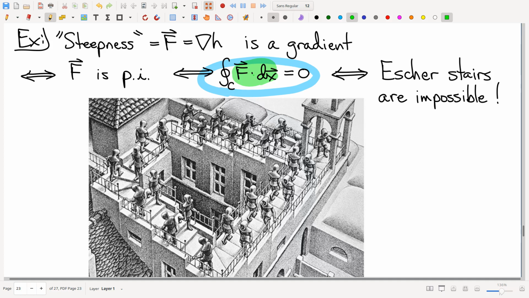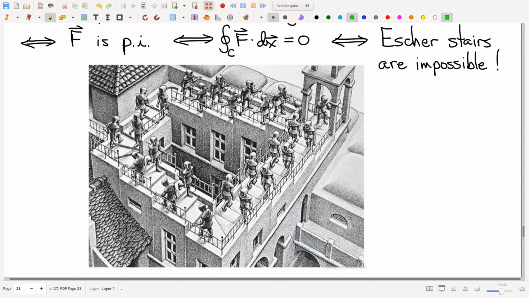So what does this do? How does this serve us? Well, a nice example is what I like to call Escher stairs. I don't know if you all know the artist M.C. Escher. He did a bunch of drawings, mostly drawings, I think more so than paintings.